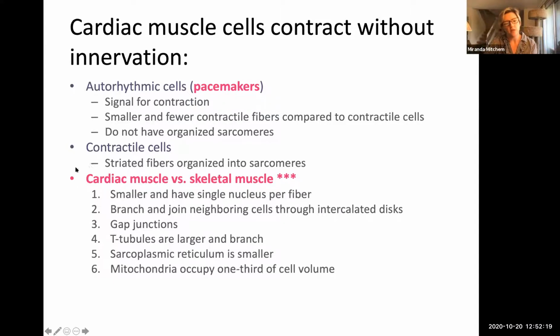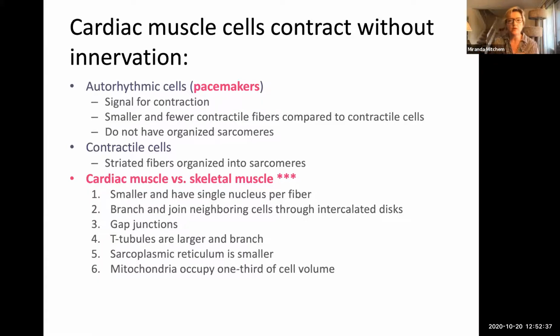So I wanted to give you a list here to summarize the main differences between cardiac muscle and skeletal muscle. At this point now, you are responsible for knowing the features of the cardiac muscle. So cardiac muscle is smaller.